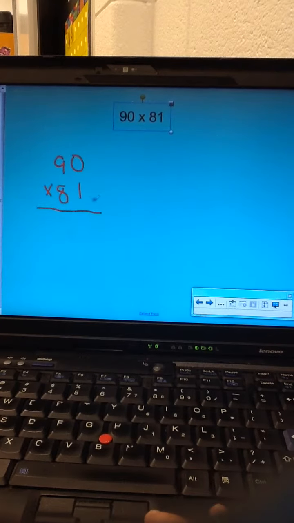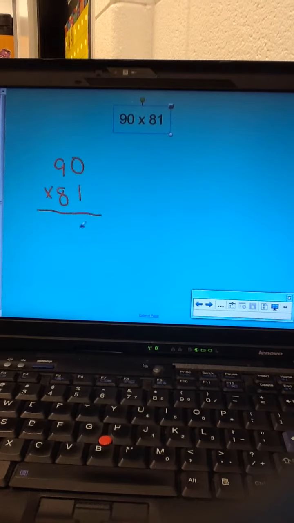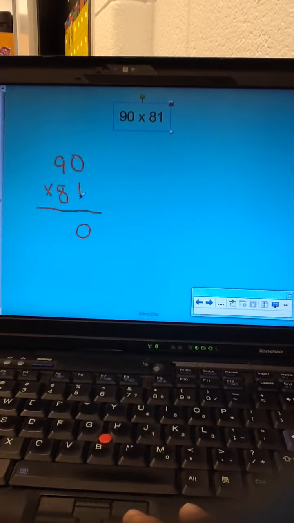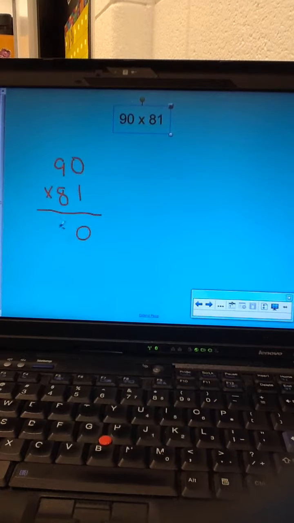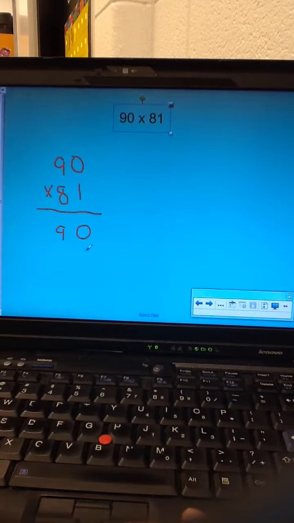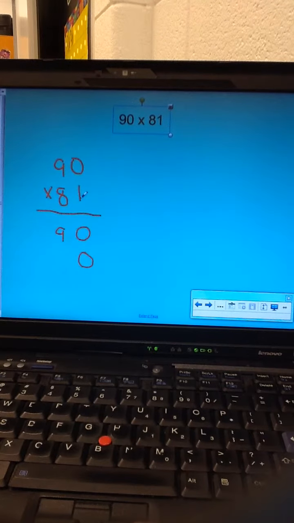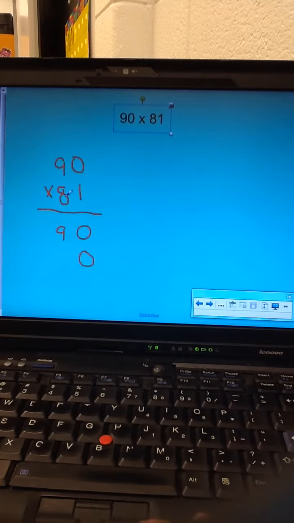Hopefully you and your group started out and you said 1 times 0 is 0 and 1 times 9 is 9. Then hopefully you did not forget that very important step of bringing down the 0 because you're no longer multiplying the ones place, you've moved on to the tens.